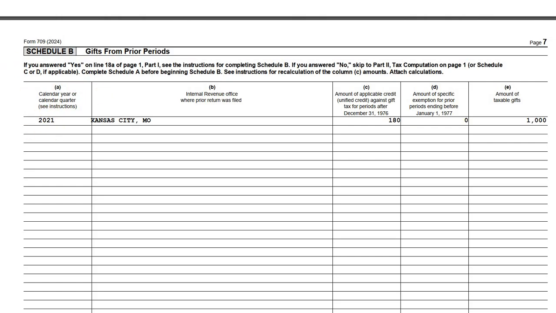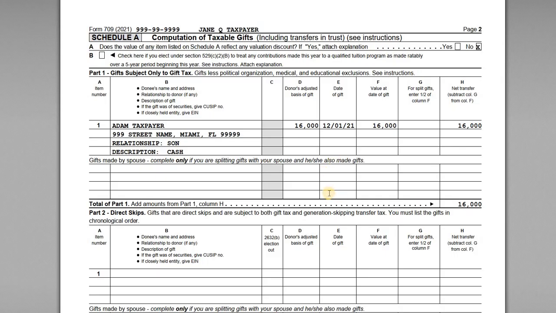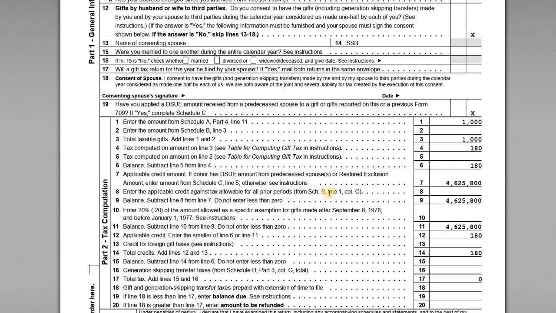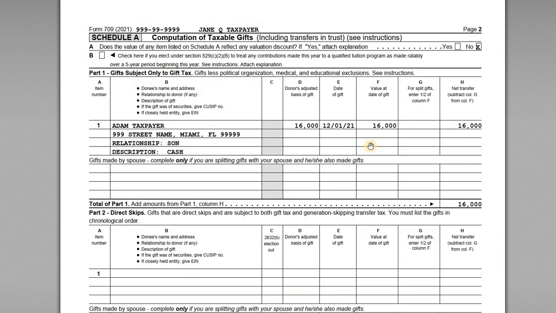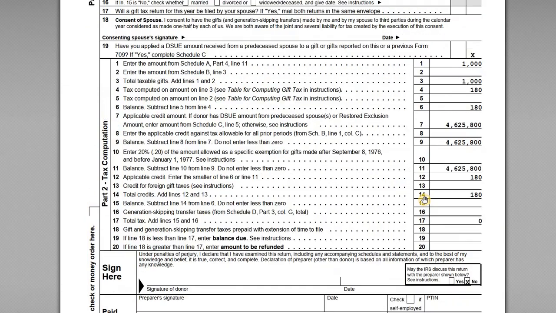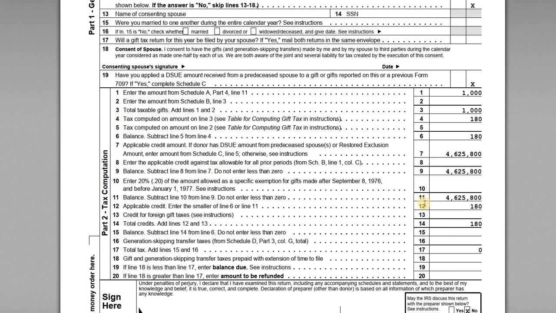If we go back to the form and have a look at the reported gifts, we reported the cash transfer of $16,000, made in 2021. The exclusion in 2021 was $15,000, so we had $1,000 of reportable gift, and that's what was reported in 2021.